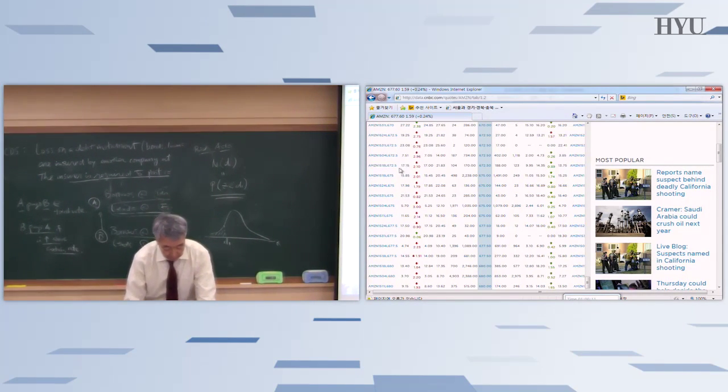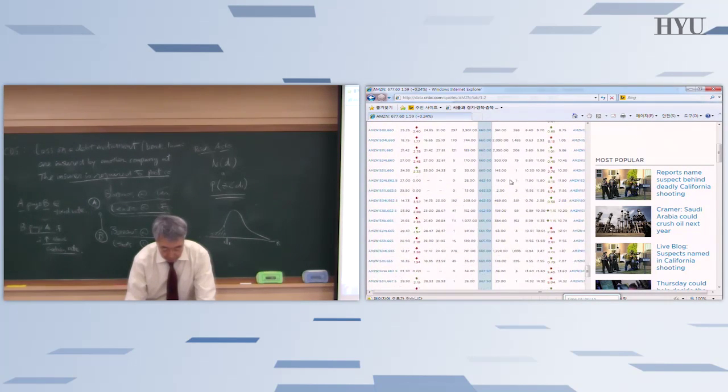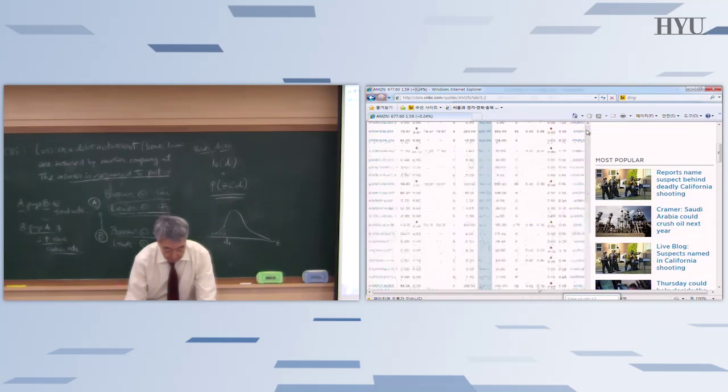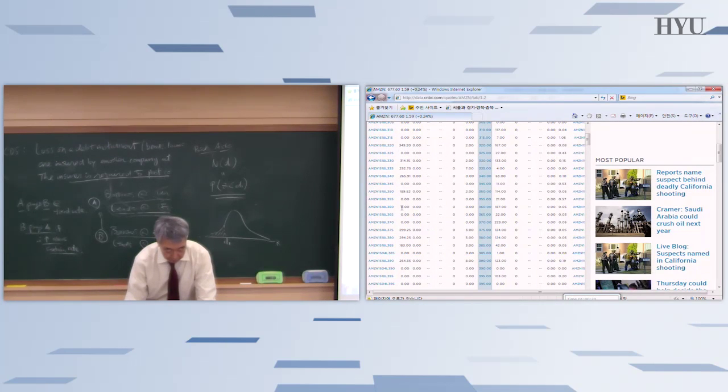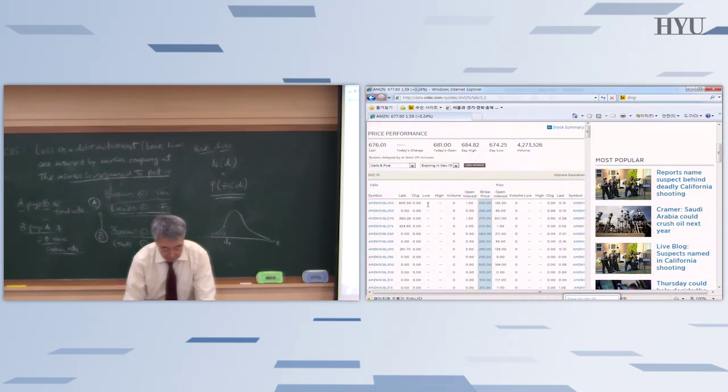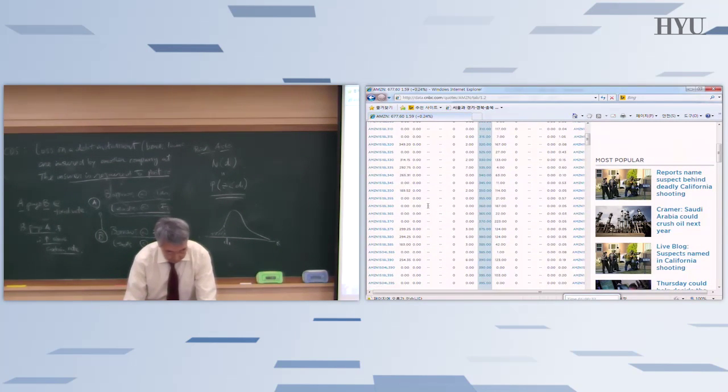But if the strike price is far away from the current stock price, then you will see a lot of these zeros. That means these options have never been sold, or the actual trade has never happened recently, and so on. That's what I'm talking about.